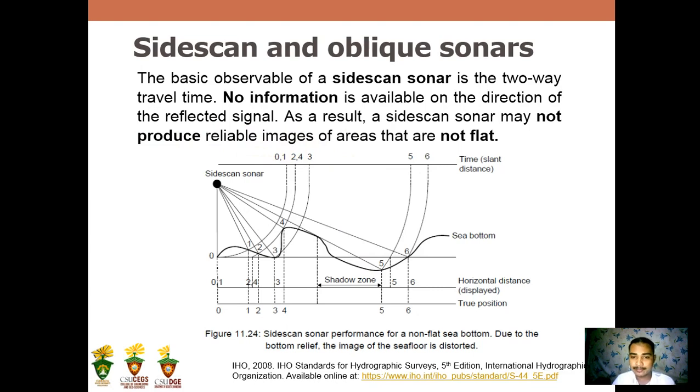If it is flat, there is no problem. But with irregularities, we cannot be assured that it is reliable. The purpose of side scan is to get information, especially to characterize the features underwater that multi-beam and single beam cannot handle, to also have 100% coverage.